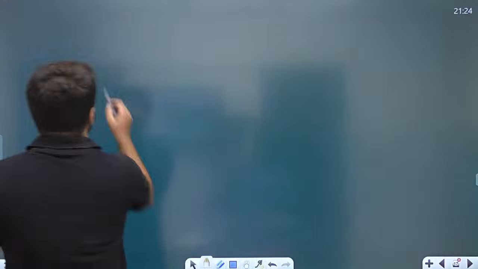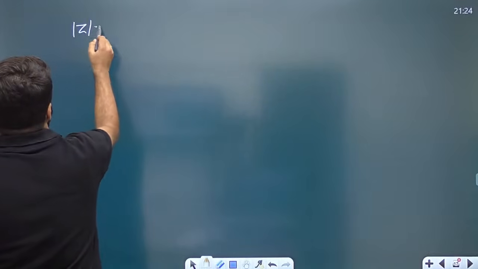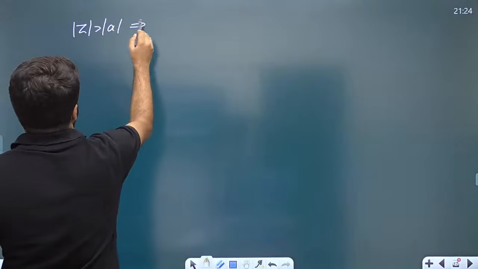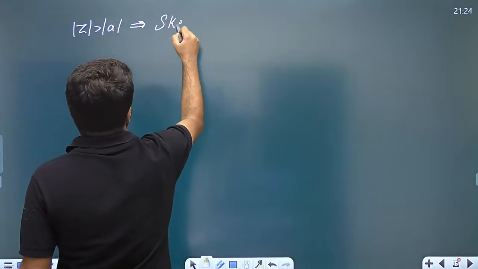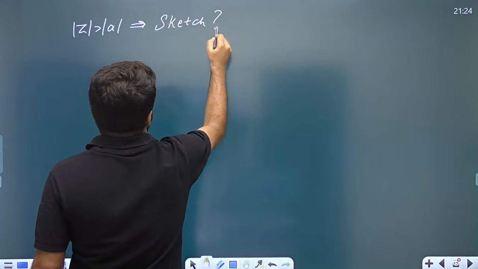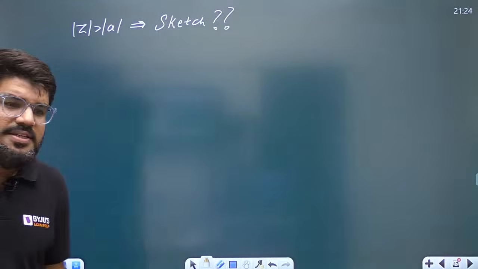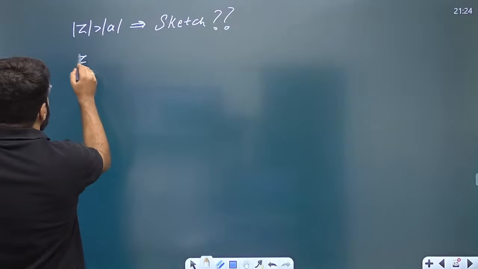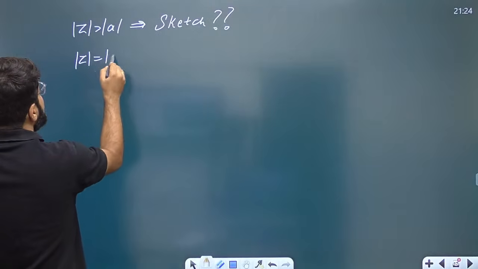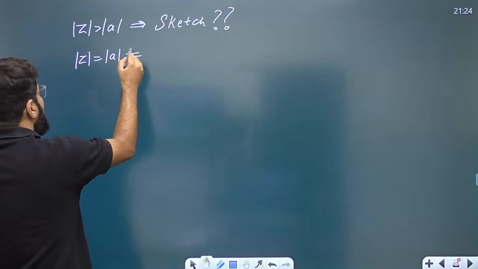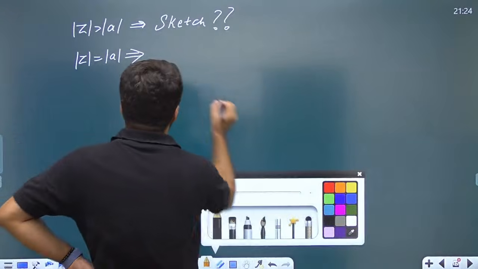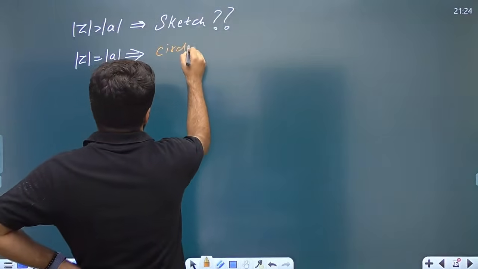Now this condition, mod z greater than mod a, can we sketch this condition? So guys, forget the inequality. If I just take mod z equal to mod a, we can sketch this. Mod z equal to mod a, we all know, is a circle.